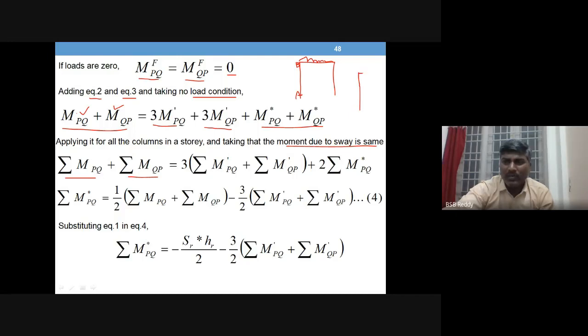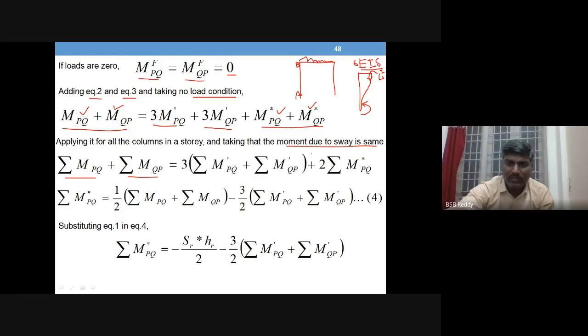If a particular column is having sway, the moment developed due to sway is the same in nature and also the same in value, 6EI delta by L square. Okay.